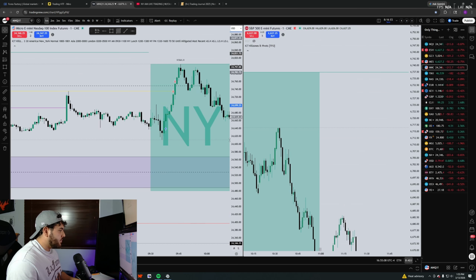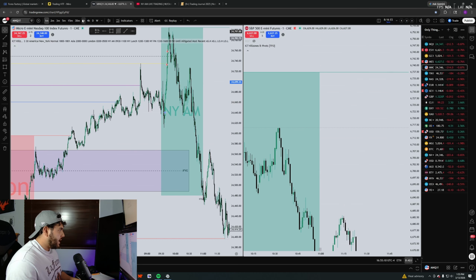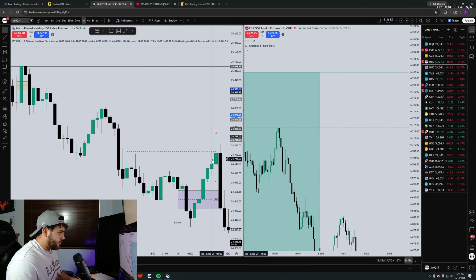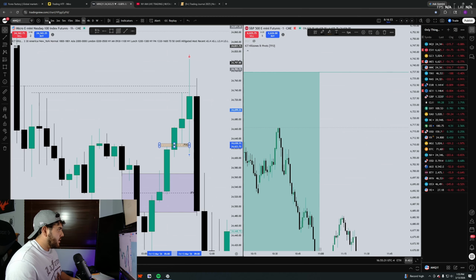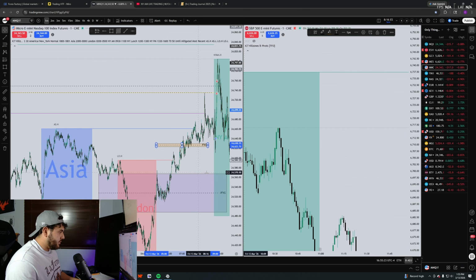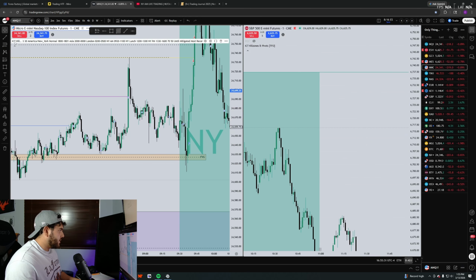Now, looking at the market open, I saw that if we go over to the hourly, we have an hourly fair value gap, and that aligns with our bullish bias of us wanting to trade up higher. Now going down to the 1 minute time frame, we came down, we swept quite a bit of this liquidity right here.